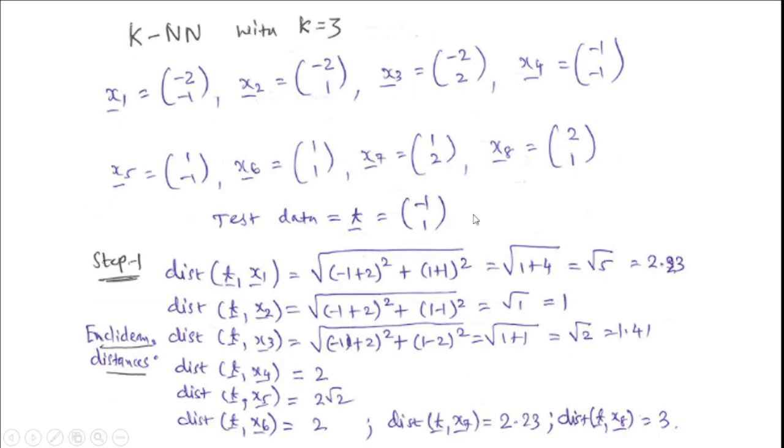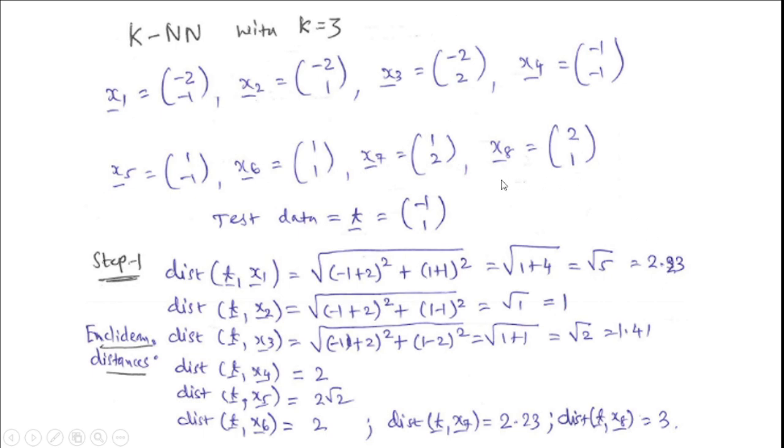Now the test data point is -1 minus -2, it is +2, the whole square, plus the test data second point 1 minus -1, that is +2, the whole square. So you will get square root of 1 plus 4, which is square root of 5, that is 2.23 approximately.